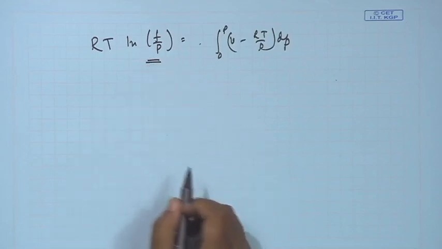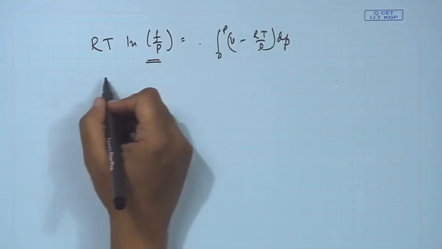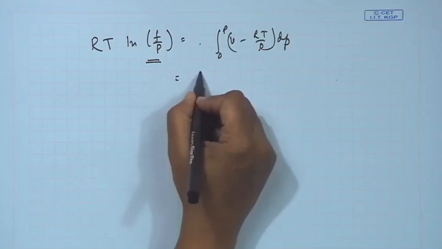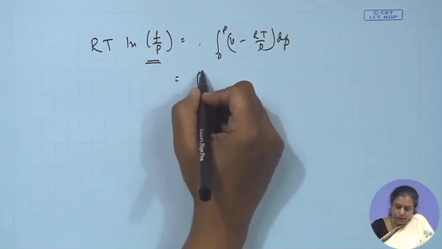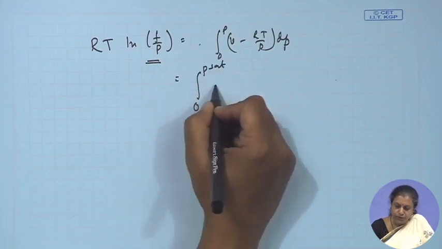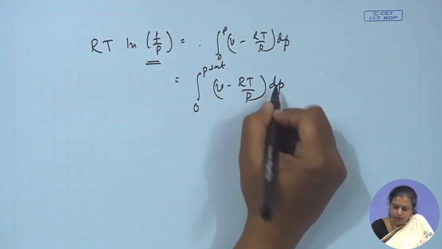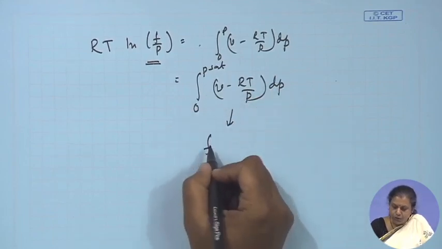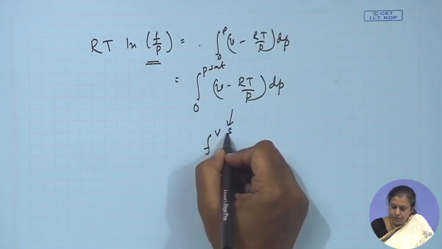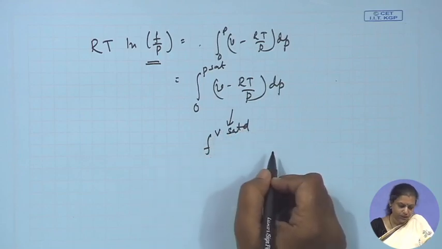So, to calculate the fugacity of a liquid or a solid at any given temperature and pressure, what do we do? We break up this whole thing into two parts. The first part gives us the fugacity of the vapor phase from 0 pressure to the saturated pressure, such that this gives us the fugacity of the vapor phase under saturated conditions.